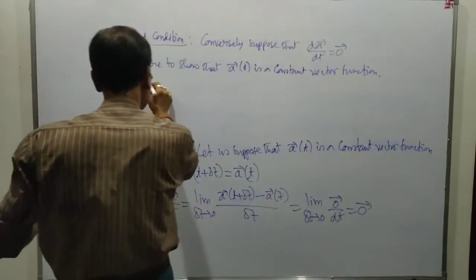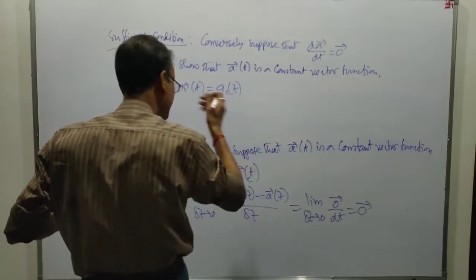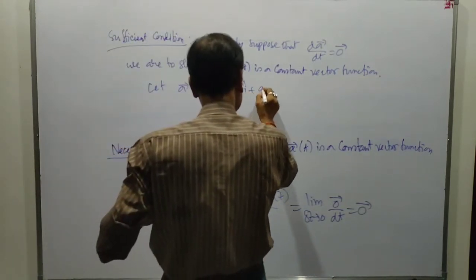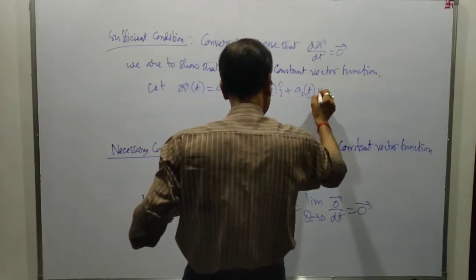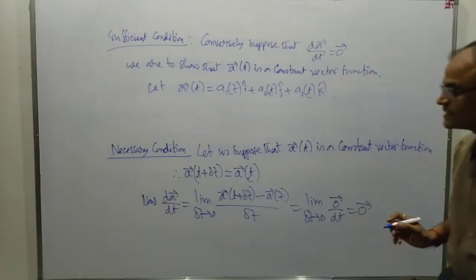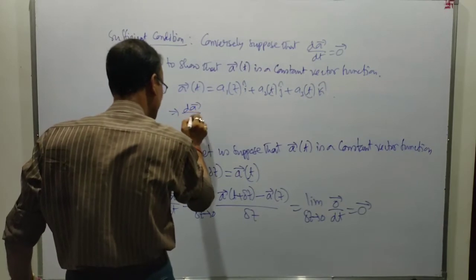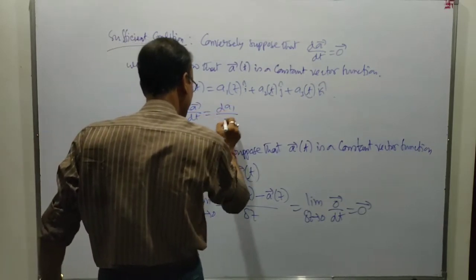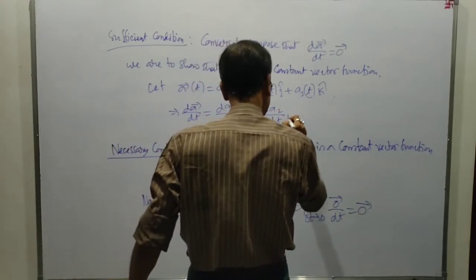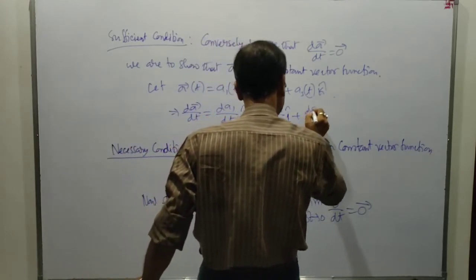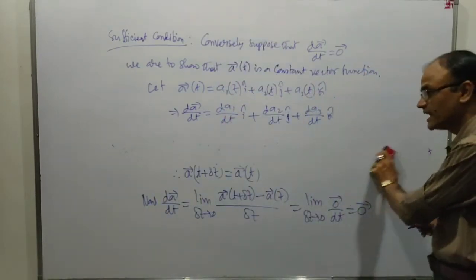Let A vector t equal a1t i cap plus a2t j cap plus a3t k cap. Mind that a1, a2, a3 are scalars. This means dA vector by dt equals dA1 by dt i cap plus dA2 by dt j cap plus dA3 by dt k cap.